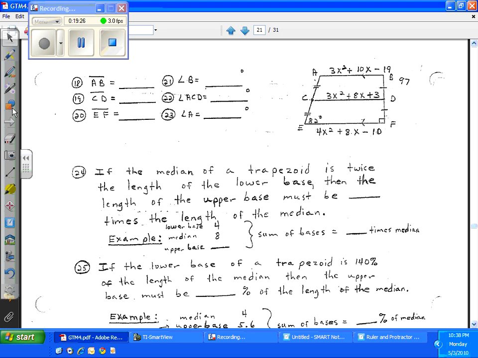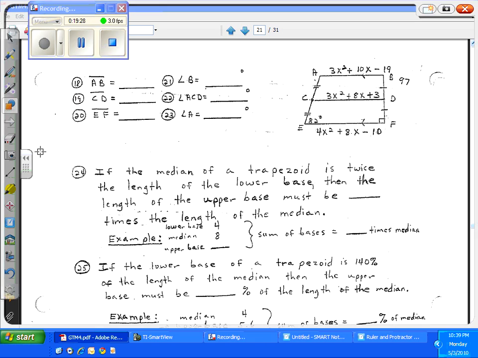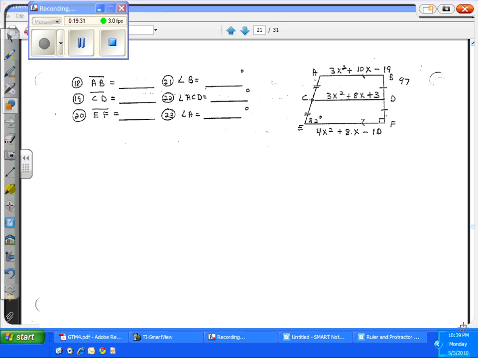Let's take a look at finding the median of this one, because it's going to involve some quadratic stuff. Using our formula, we know that the median, which is this, is equal to 1/2 the sum of the bases.